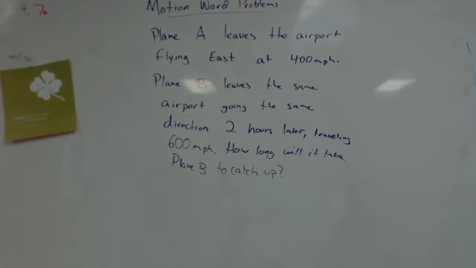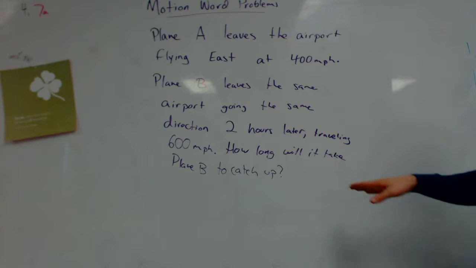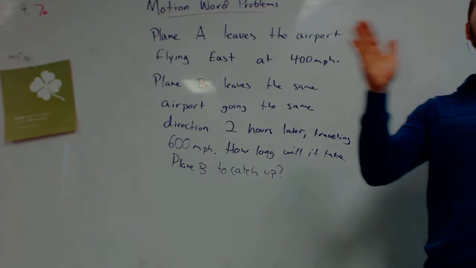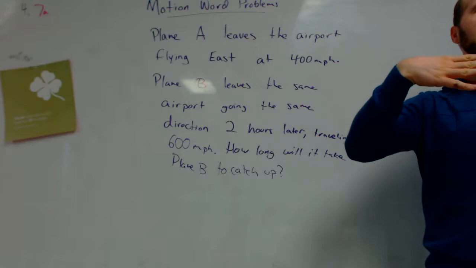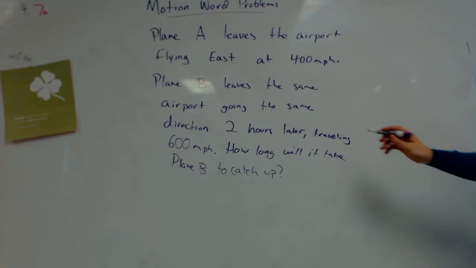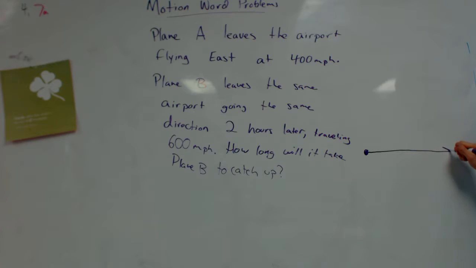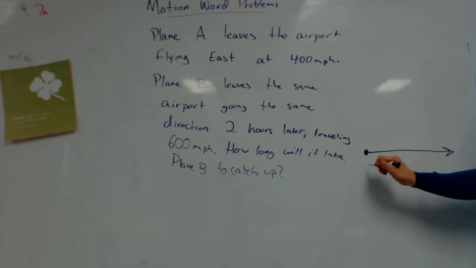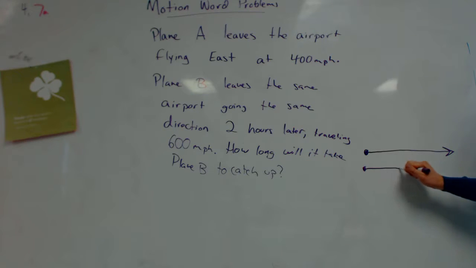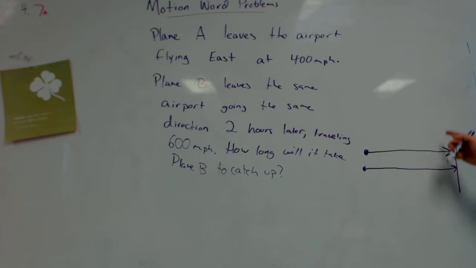This is a slightly different problem. I'm no longer looking at planes going in different directions or starting apart. Now, if I were to diagram out what's happening, I have one plane that leaves, right? And I have another plane that leaves, and I want to know when they are at the same spot.